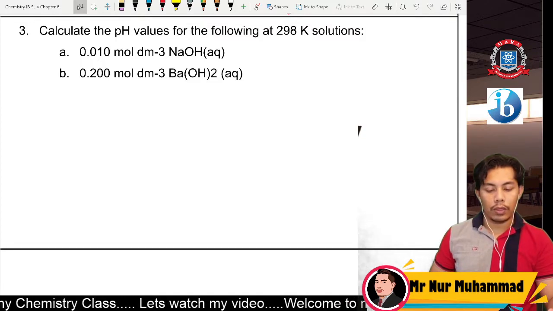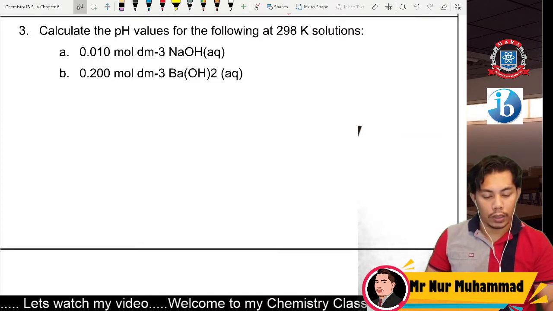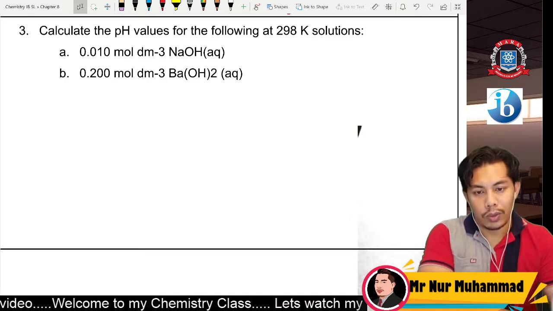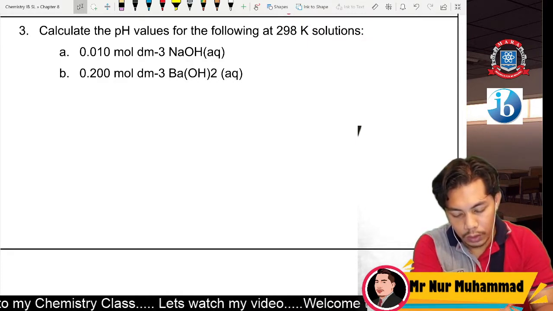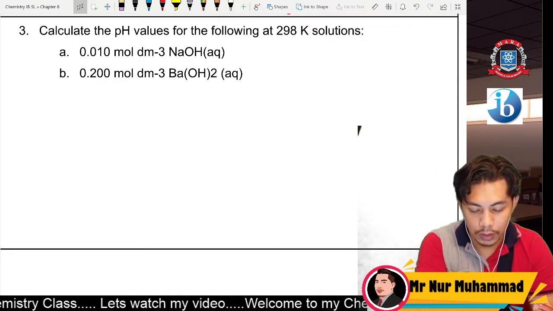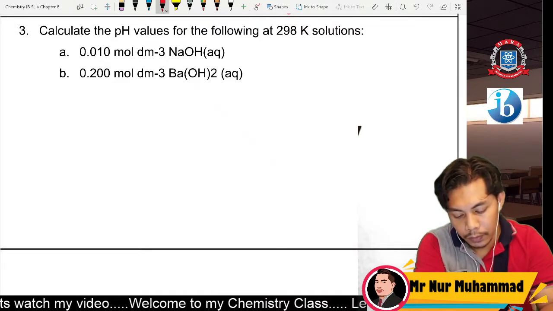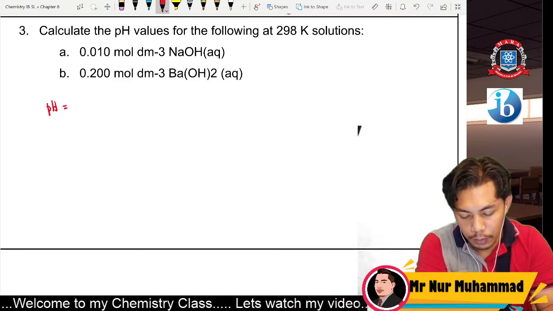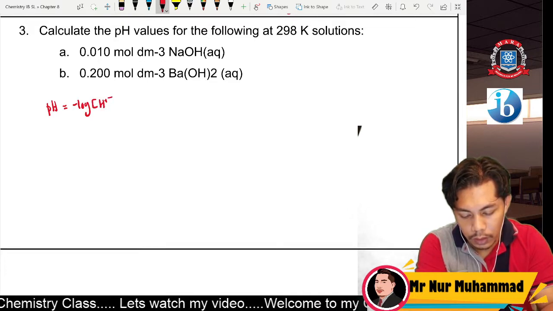Calculate the pH value for the following solution at 298 Kelvin. Now I want to share two methods. As a summarization, let's come out with the formulas. If we want to calculate pH, we can calculate it from the concentration of hydrogen ion.